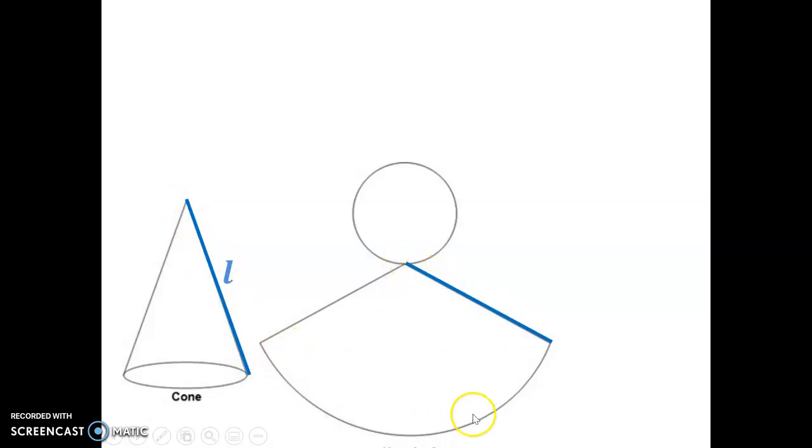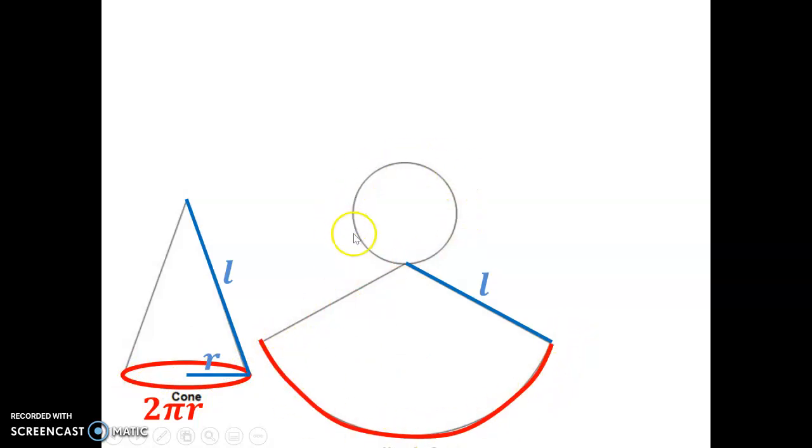Imagine this part again sits on the bottom of the circle, and this becomes the tip of the cone here. So that is the same. Next, this part here, the radius here is actually, where is that radius? Let me see. Sorry, this is our circumference here. And where does that appear on here? Well, that circumference is this part here, because again, that part will wrap around this circle here. So that is 2 pi r.